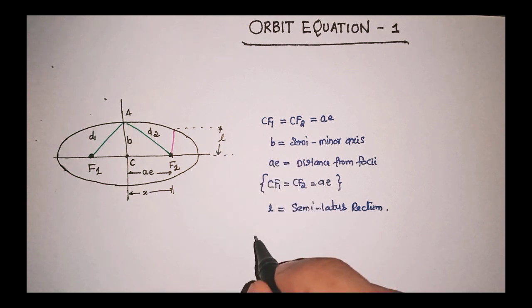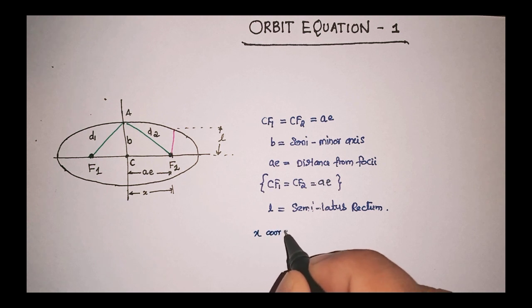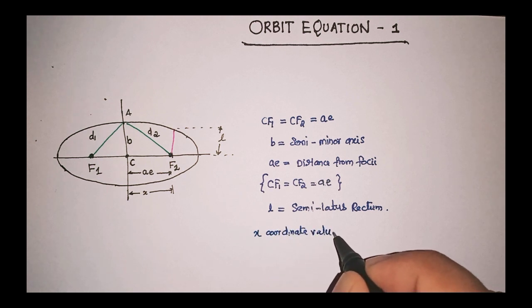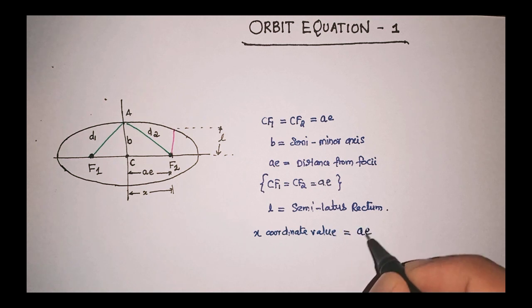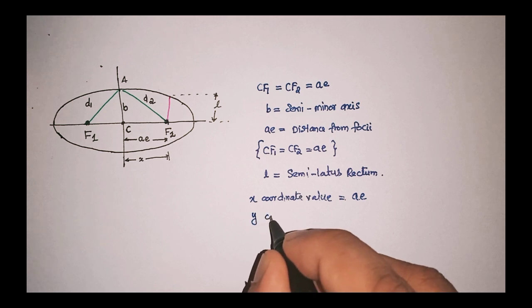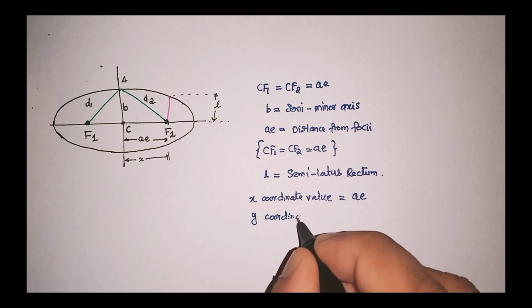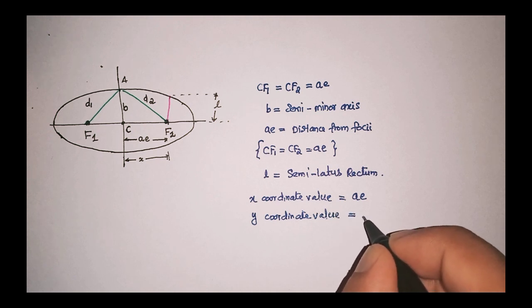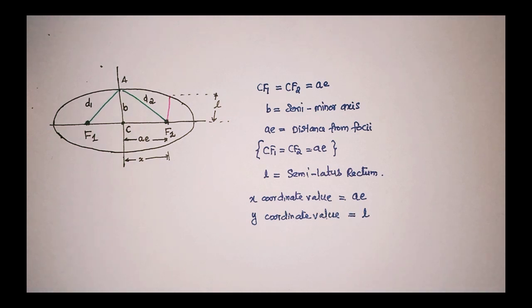The x coordinate value will be equal to A into E, and the y coordinate value is going to be equal to L. From the geometry, we'll take the x and y coordinates as AE and L, which is perfectly okay.